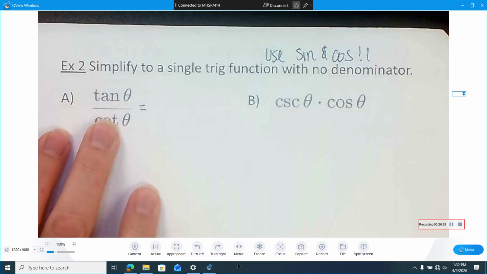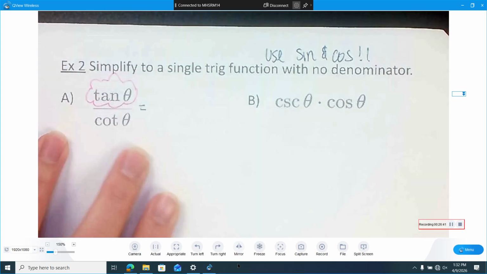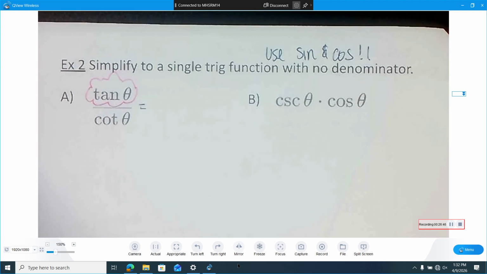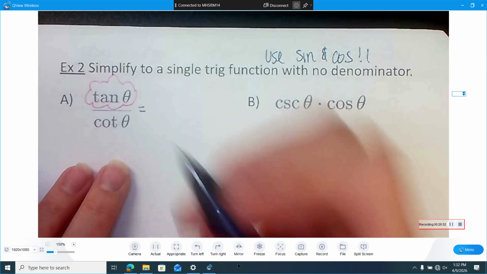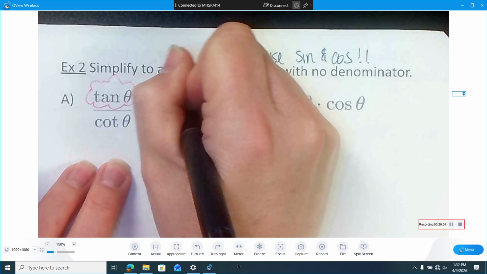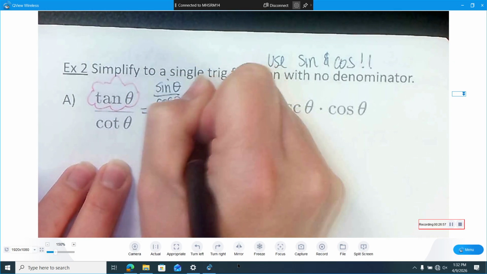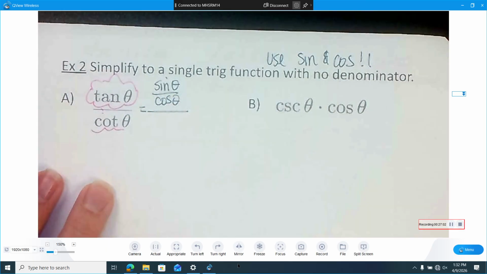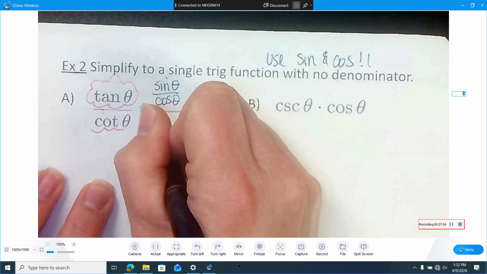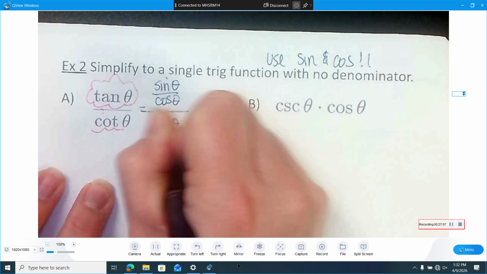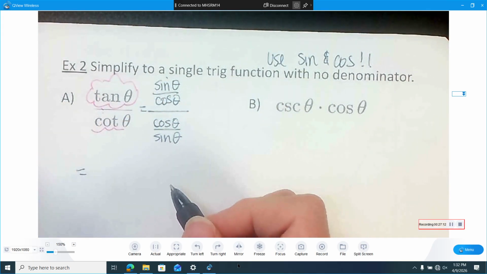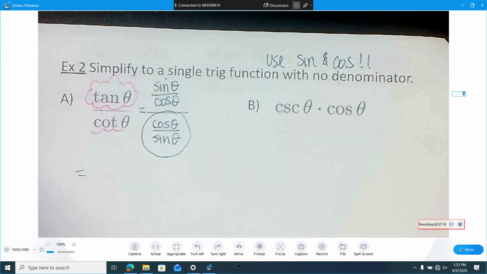So I can rewrite tangent as sine over cosine. Sine theta over cosine theta. And I can rewrite cotangent as cosine over sine. Again, there's like 7 different ways you could do this. I don't like dividing by a fraction. What do we do instead?